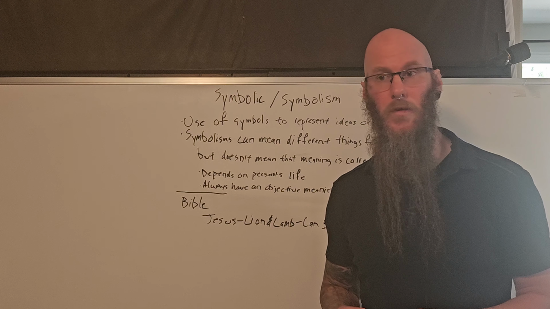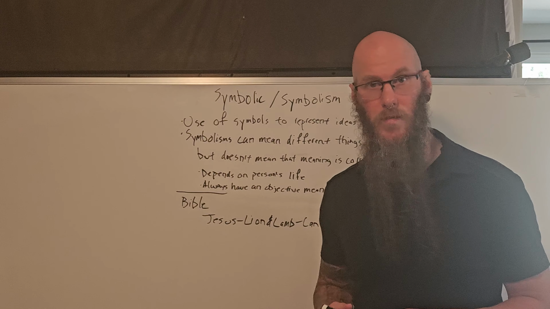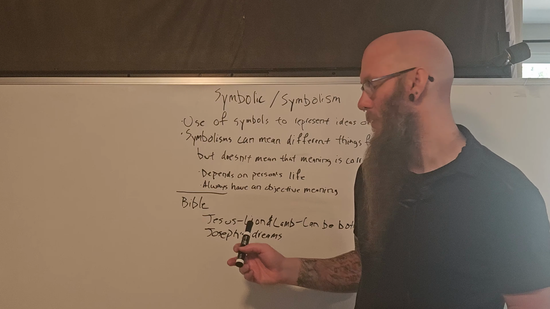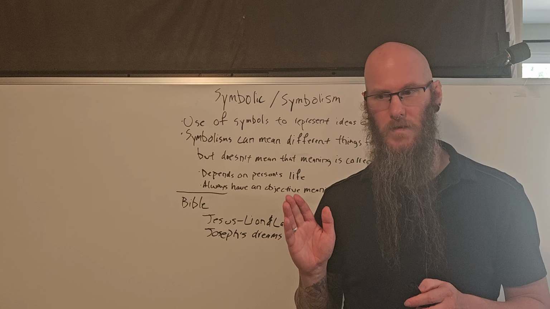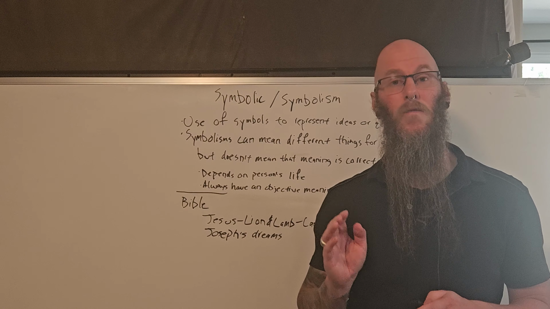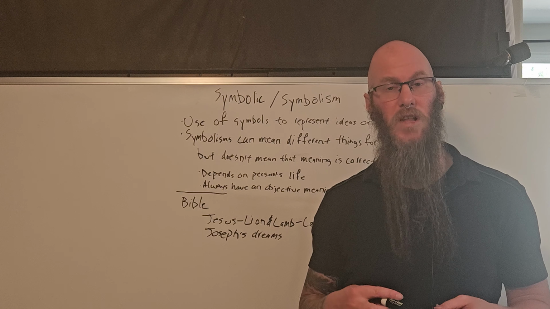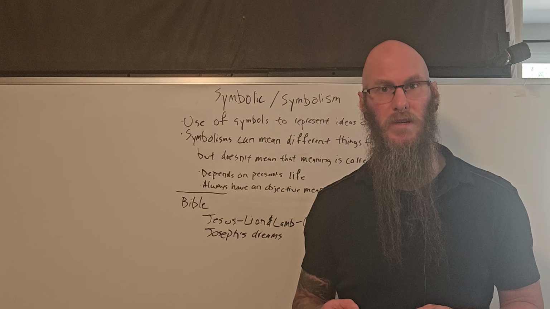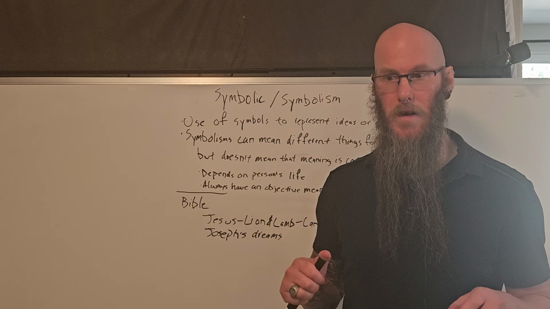Let's look at a couple other symbolisms that are shown in Scripture. Alright, so let's say in Joseph's dreams, we see that he is shown stalks, I believe it was stalks of wheat, that were bowing down to him, and then planetary bodies that were bowing down to him, all of which were shown in symbolism.